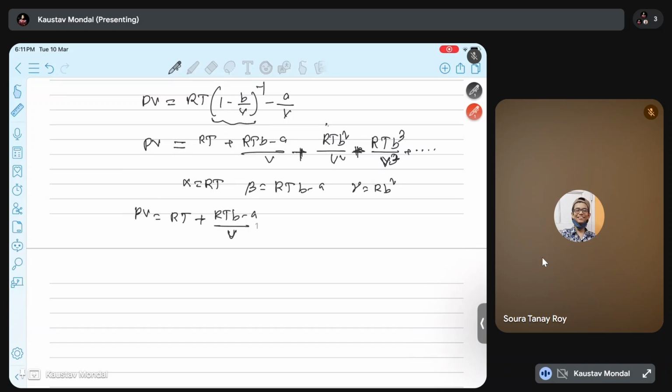Now from here, if you want to make this gas behave like an ideal gas, we have to make this term also equal to 0, right? So if you do that, you can write temperature as equal to T by RT, right? So this temperature is known as the Boyle's temperature.